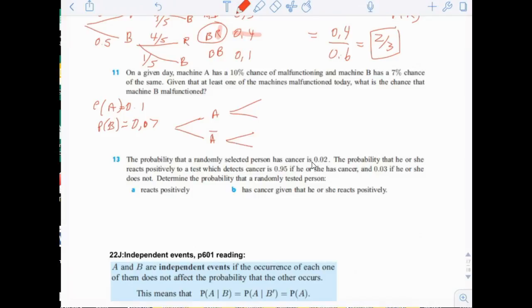And then the second step would be B breaking or B not breaking. Okay. So the probability of A breaking, remember, is 0.1, which means the probability of A not breaking is just the complement, which is 0.9. 1 minus 0.1. Probability of B breaking is 0.07, so that means that the probability of B not breaking is just 0.93. We can repeat that here.